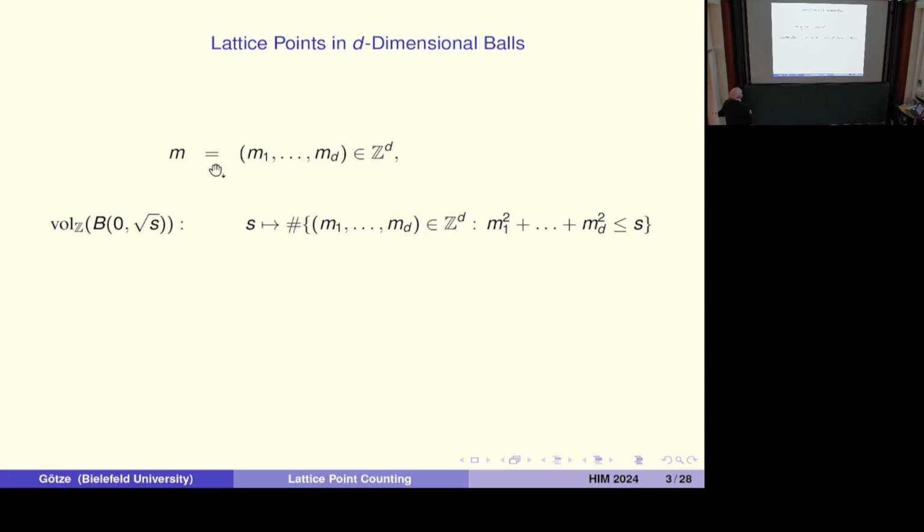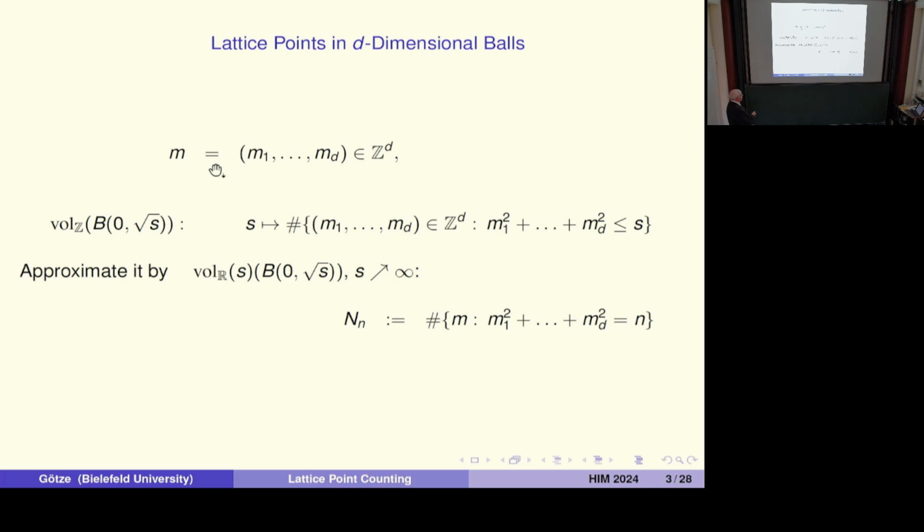Now, to just focus on the problem, we take a d-dimensional lattice, the standard lattice, and we count the number of lattice points, called volume of Z, in this ball with radius square root of S. So this is easy enough, and what we want to compare it with is, of course, the volume of that ball, the same ball.